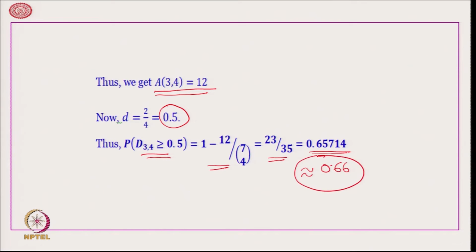Therefore, the probability that the maximum distance is going to be greater than 0.5 is 0.66, and in this way for different values of d we can compute their probabilities.